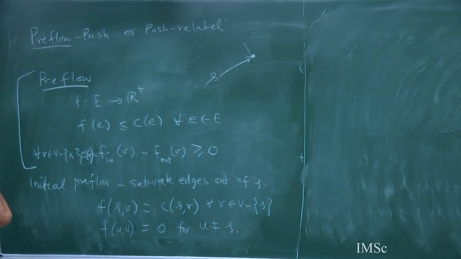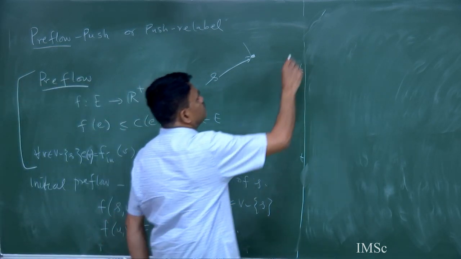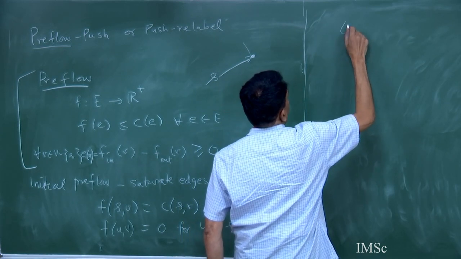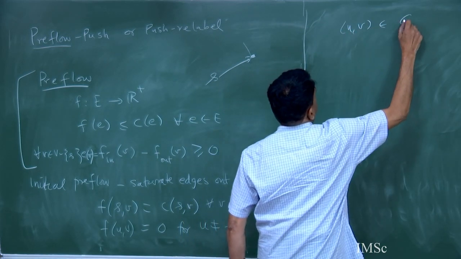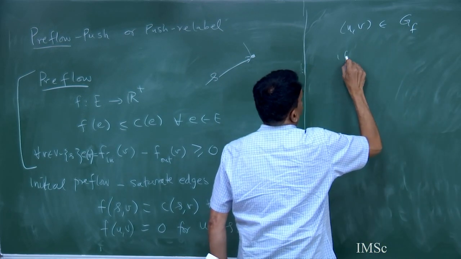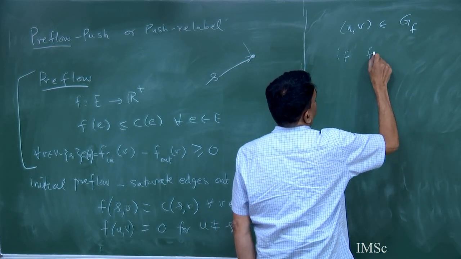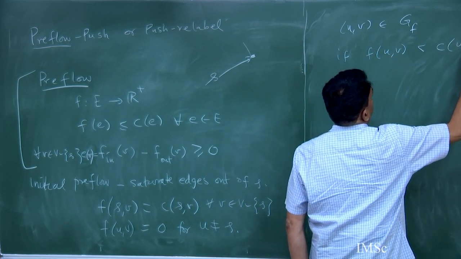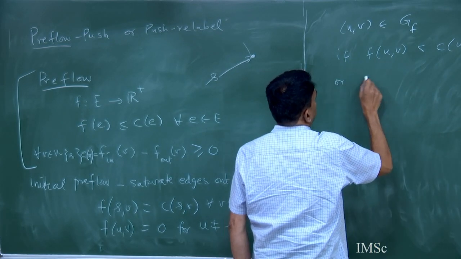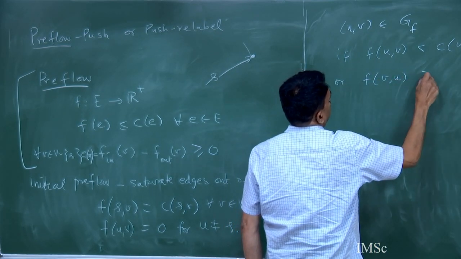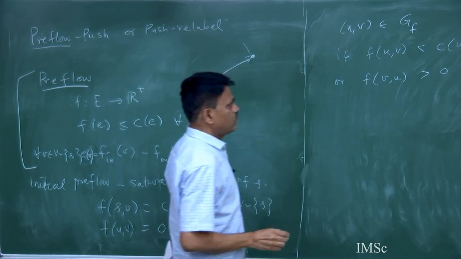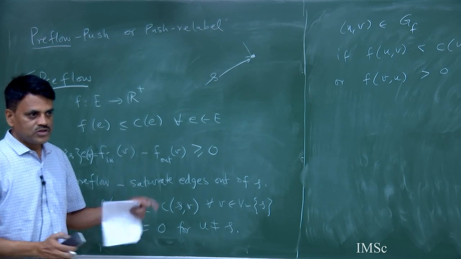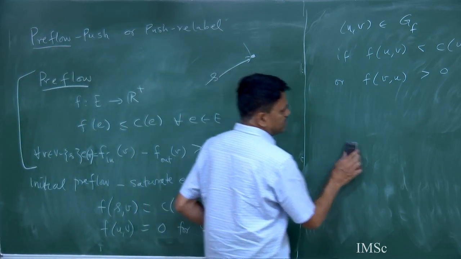So you can say G_f has an edge (u,v) in the residual network if f(u,v) is less than its capacity, or f(v,u) is greater than 0. The fact that f is a pre-flow should not be a problem. We just define this residual network.